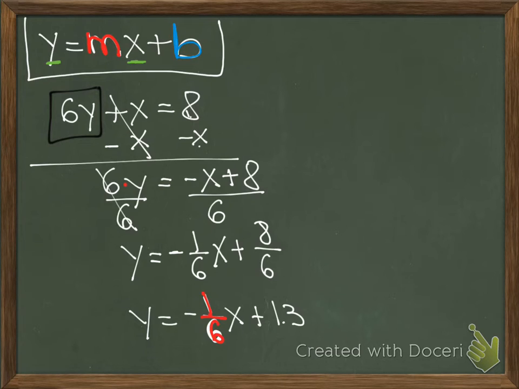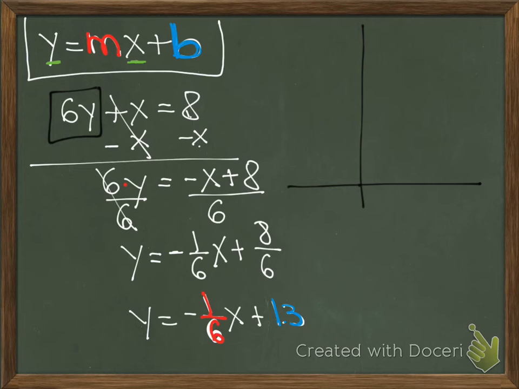This b here is your y-intercept, where your line meets the y-axis. So if I had a graph, I would have put right away the 1.3.